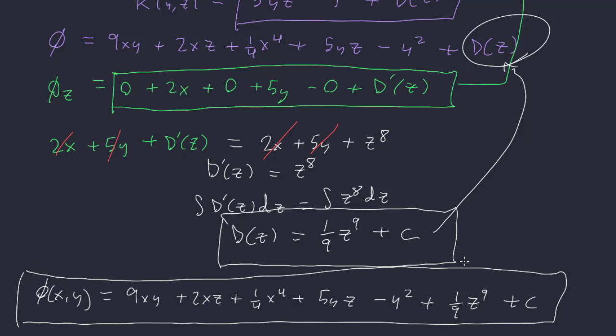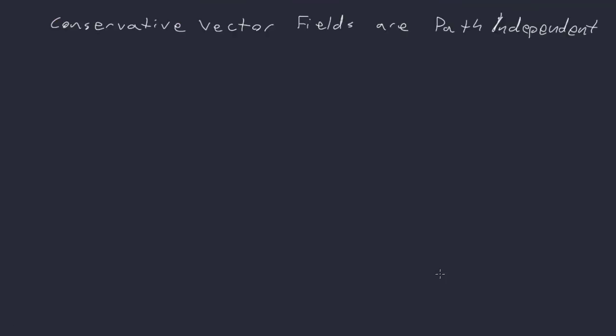Okay, I'll leave it up to you to check the gradient and see if it lines up with our original f, but with that example out of the way, I say it's time to move on to the other really important thing about conservative vector fields. Alright, so the big thing here is that conservative vector fields are what's called path independent.